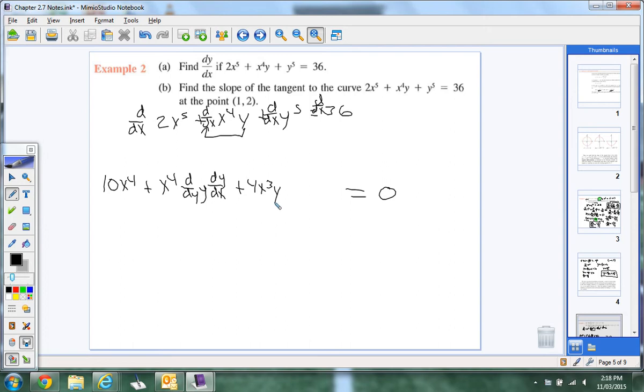You're getting the pattern where you're not going to have to write that d over dy, dy dx every time. This is the second half of the product rule. The product rule is an x times a y, so it's still two variables multiplied. That's why in your notes I'd put product rule here so you know what we're doing.